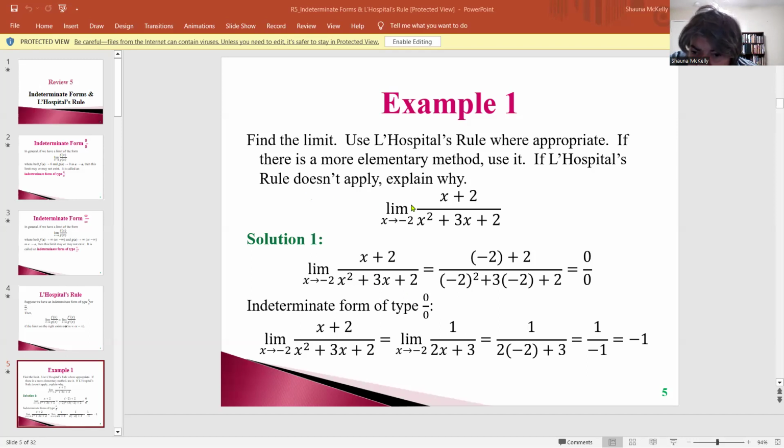And we can see from the example here that Professor Nickdell plugged in the value of -2, and she shows that, in fact, this quotient is indeterminate. It's 0/0 form. And so she proceeds to take the derivative of the numerator and the denominator and get the limit.